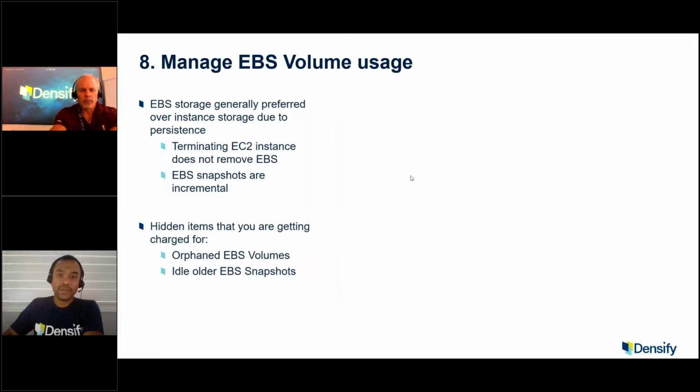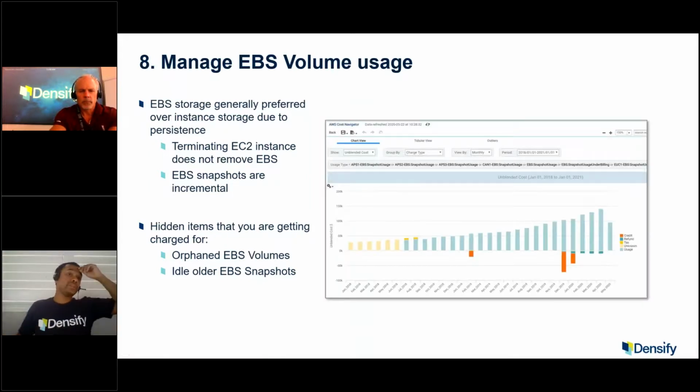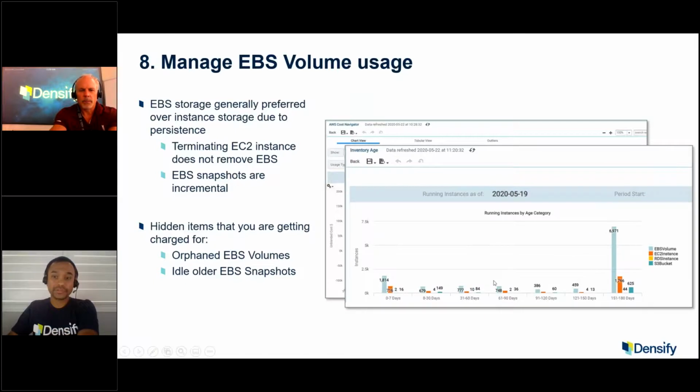But the problem is that when you terminate an EC2 instance, developers forget to delete the EBS volume. So you have these orphaned EBS volumes stacking up cost, as you can see here. Or conversely, you could have EBS snapshots, and you're not doing any housekeeping to clean them up.